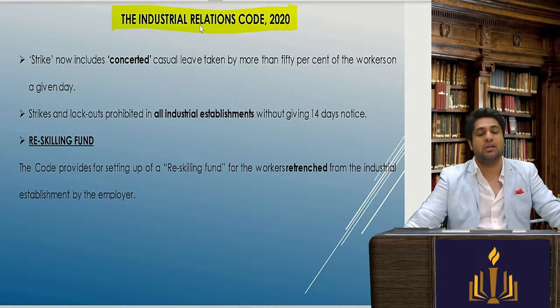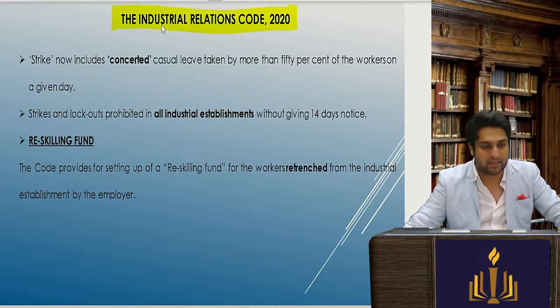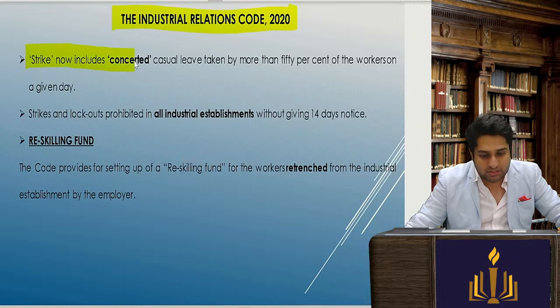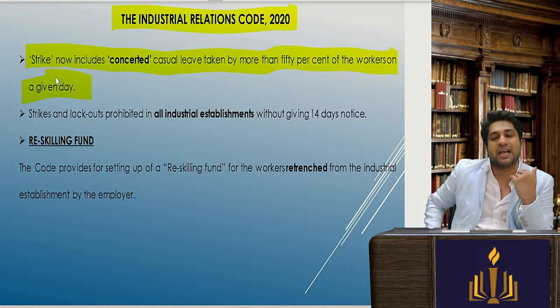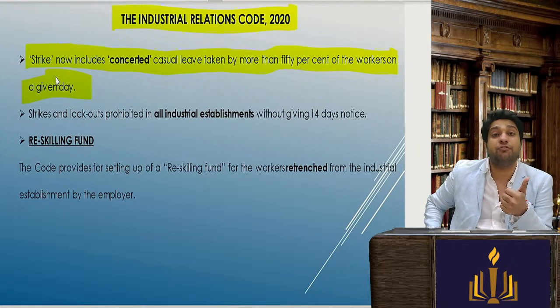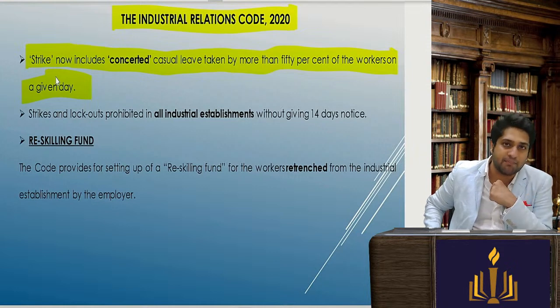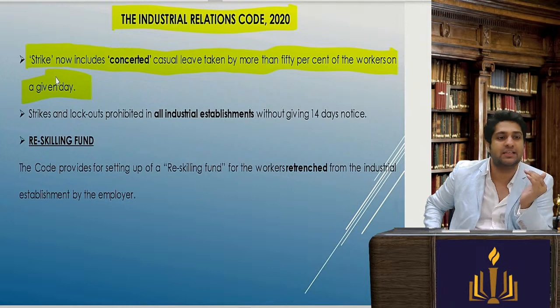So in the Industrial Relations Code 2020, strike now includes concerted casual leaves taken by 50 or more persons on a given day. So we know strike is a refusal to work by the employees. It's not removal or resignation, it is refusal to work till the demands are met.